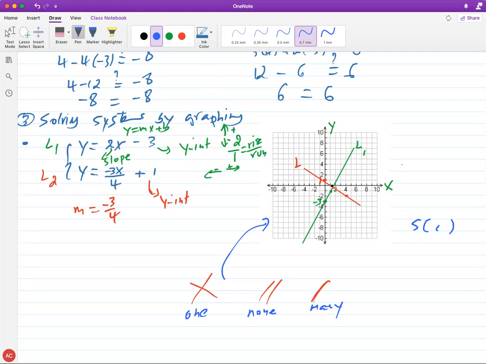So start with the x. Approximately, what is the x of this point here? What is the x? It's between 1 and 2, it looks. It's approximately 3 over 2 or 1.5. As you can see here, the 1, 2, it's about in the middle, close, but it's about 1.5.